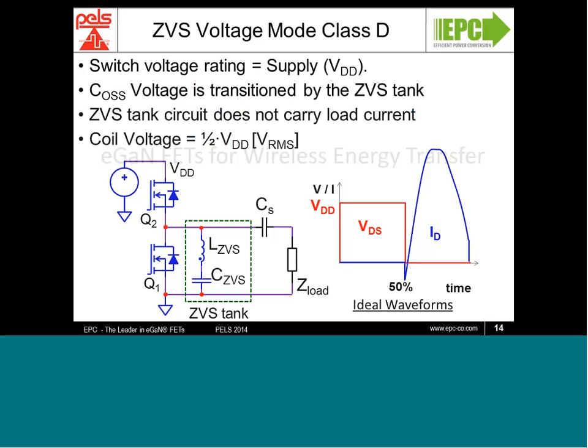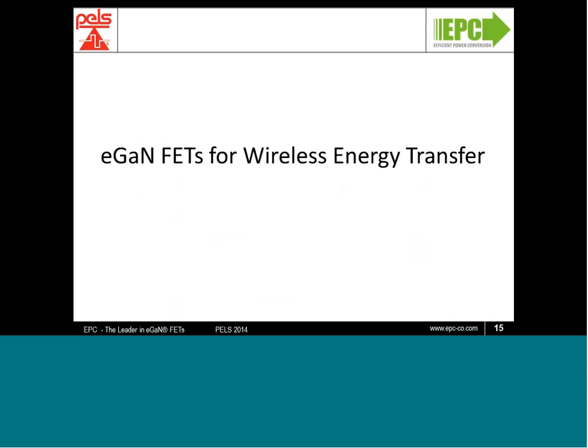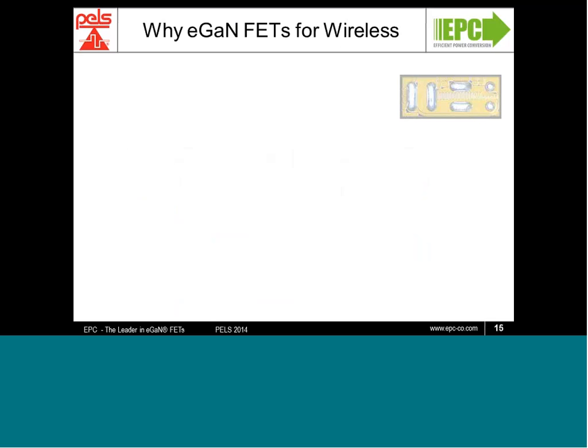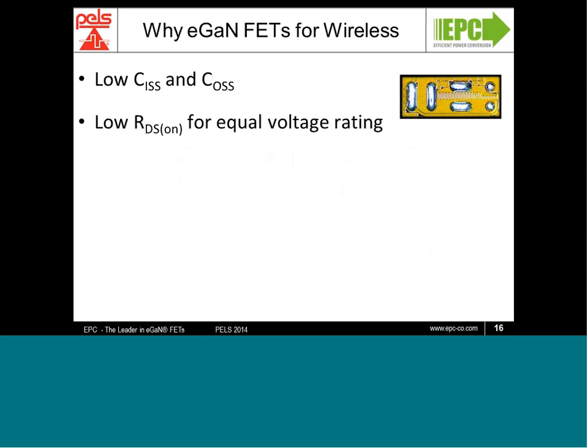So let's have a look at GaN FETs for wireless energy transfer. Why do we want to use GaN FETs? First of all, they have low input capacitance and low output capacitances. That is important for maintaining low losses and designability. They also have lower RDS(on) for equal voltage rating compared to MOSFETs.